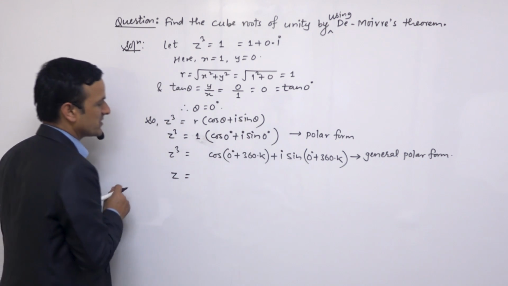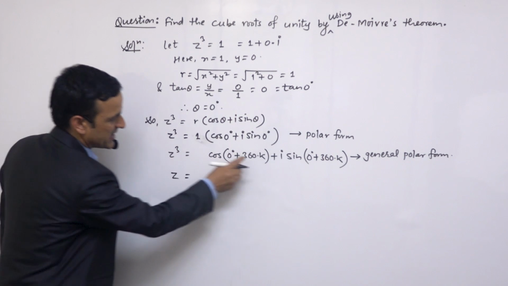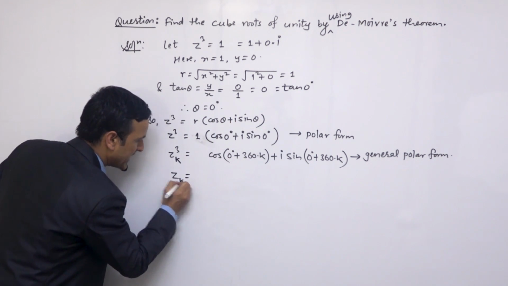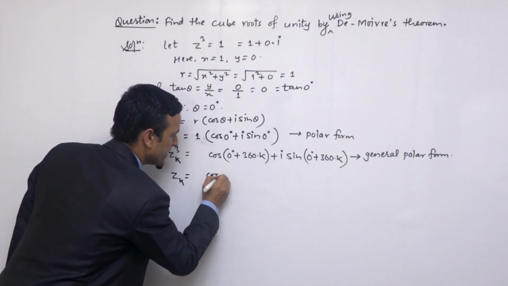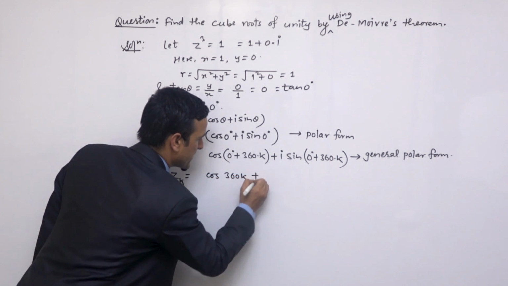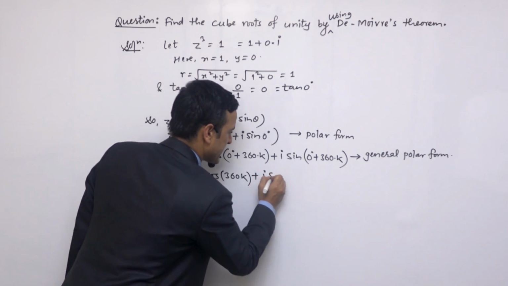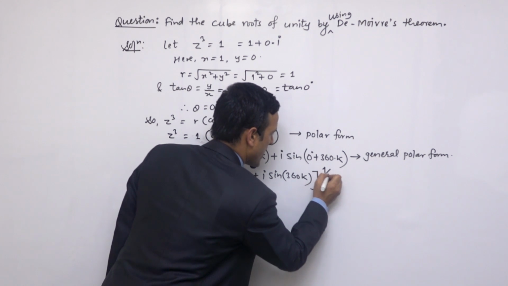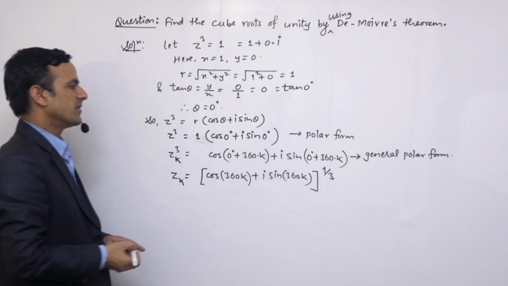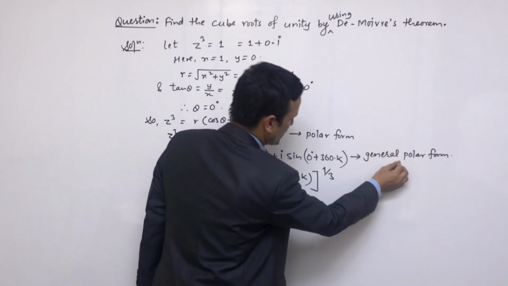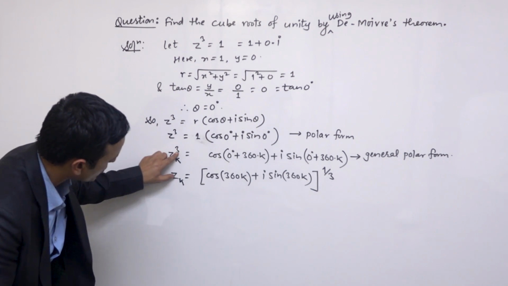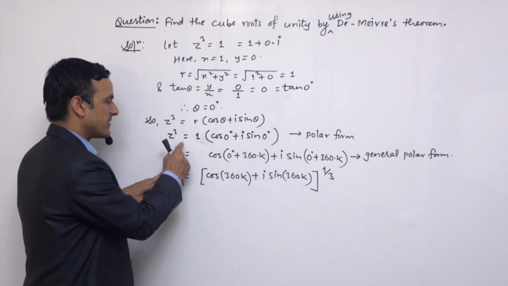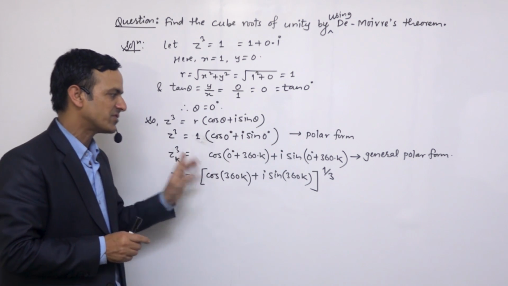So if you find out, यो 3 लाई हटाउने हो, यसमा k को टर्ममा लाने बित्तिकै यसलाई पनि zk लेखौं, zk. So if you find the value of zk, then it will be cos 360k plus I sin 360k whole power 1/3. यदि हामीले यो पोलर फर्म भयो, यो जनरल पोलर फर्म भयो भने यो 3 लाई हटाउनको लागि हामीले 1/3 गरेको, उतापट्टि लाँदा 1/3 हुन्छ. और 3 multiply by 1/3 गर्दा we can cancel 3 and 3.